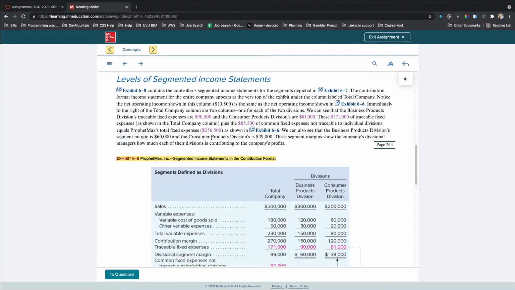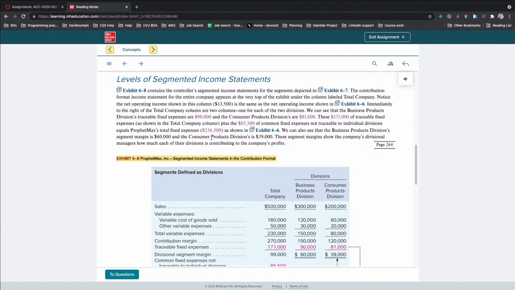Levels of segmented income statements. Exhibit 6-8 contains the controller's segmented income statements for the segments depicted in Exhibit 6-7. The contribution format income statement for the entire company appears at the very top of the exhibit under the column labeled Total Company.